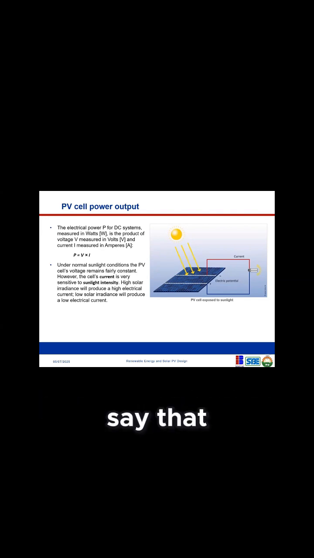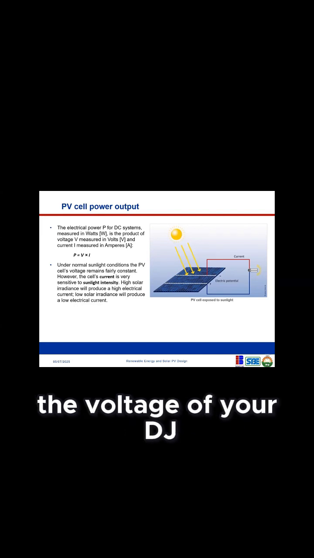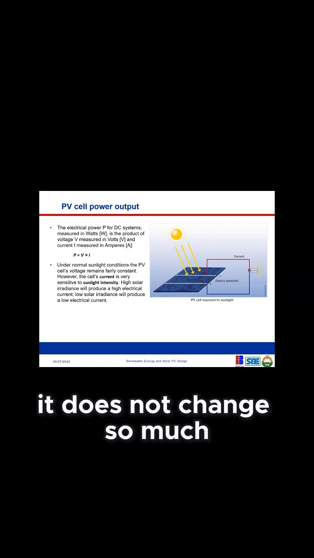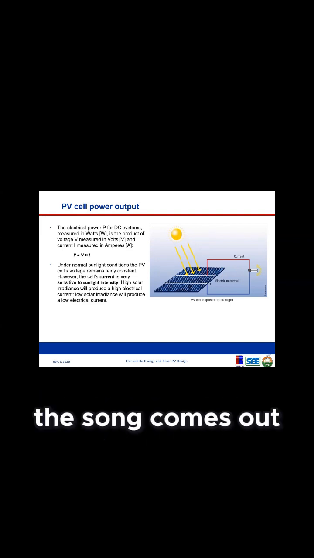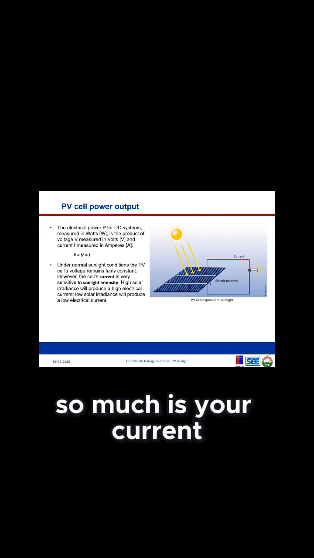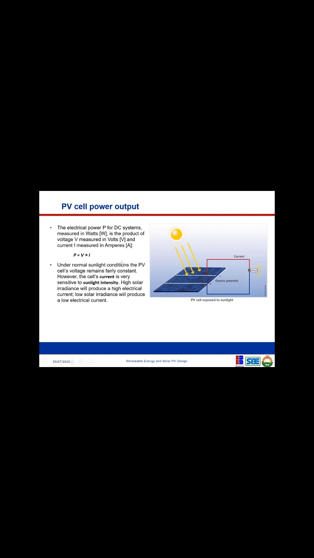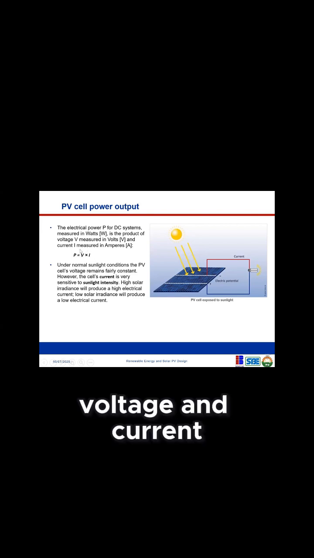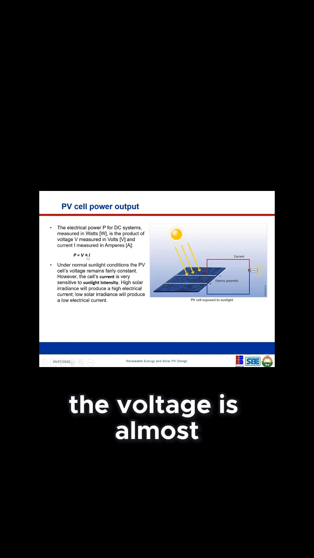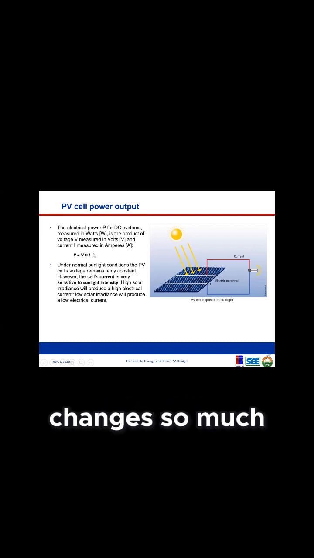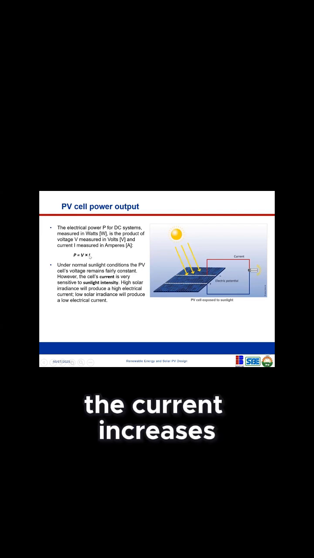What this is simply saying is that once the sun comes out, the voltage of your PV module is relatively constant. It does not change so much. But what actually changes so much is your current. Remember that power is a product of voltage and current. So when the sun comes out, the voltage is relatively stable, but the current changes so much. If the sun increases, the current increases.